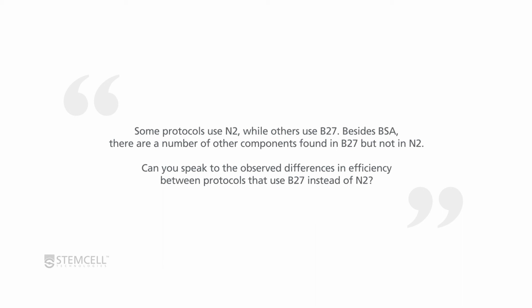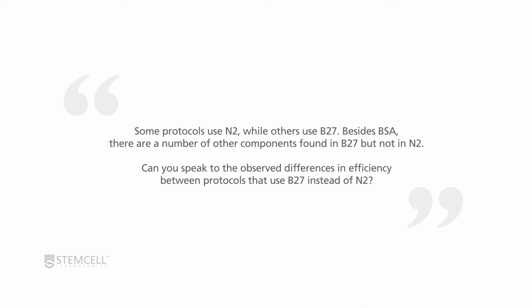Yes, I wouldn't say that the maximum achievable efficiency is any different between the two. I think that it's easier to study the environment that the cells within the culture are experiencing in the absence of BSA, because BSA interacts with a lot of the components that you add to the media, as I mentioned with Kaya.